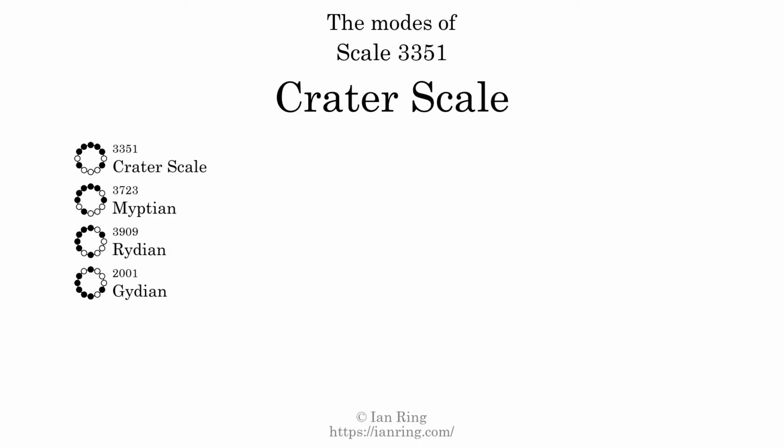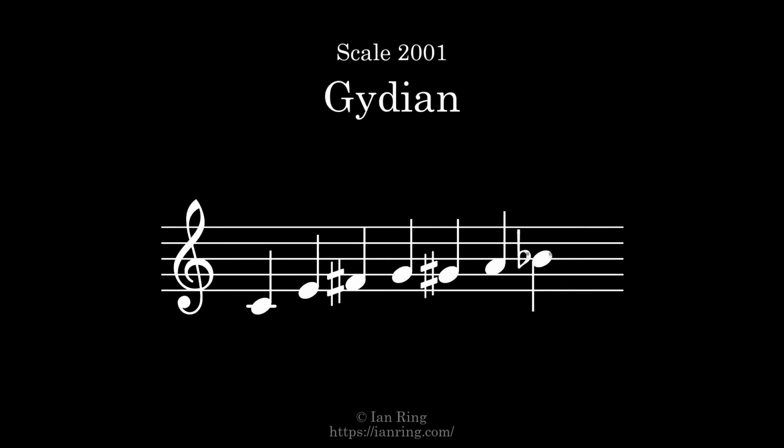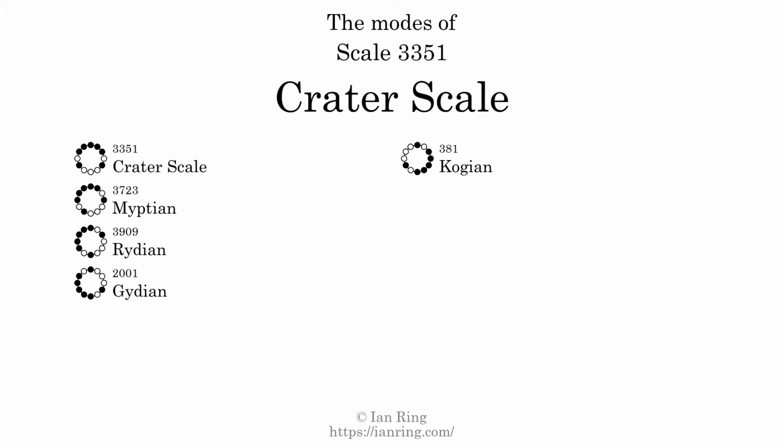The fourth mode is scale 2001, also known as Gideon. It sounds like this. The fifth mode is scale 381, also known as Cogen. It sounds like this.